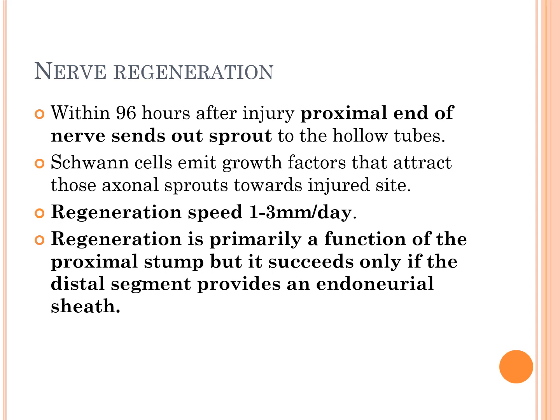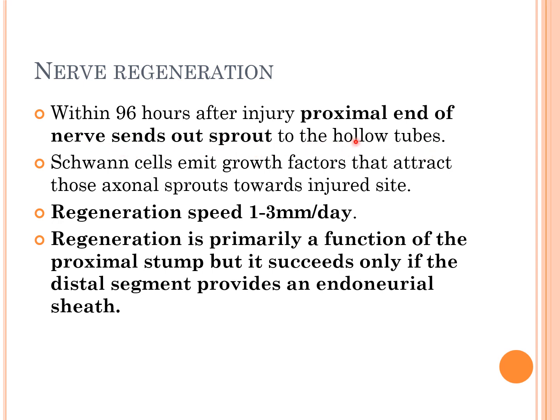Next, within 96 hours after injury, the regenerative changes will occur. What is meant by regeneration? It is the repair of the injured tissue, that is regeneration. So within 96 hours after injury, the proximal end of the nerve sends sprouts to the hollow tubes.